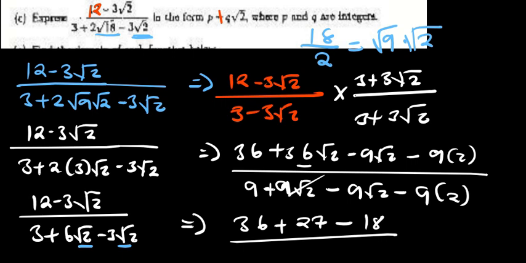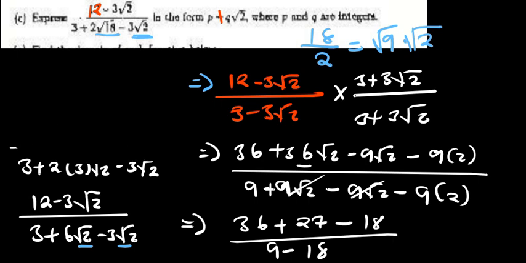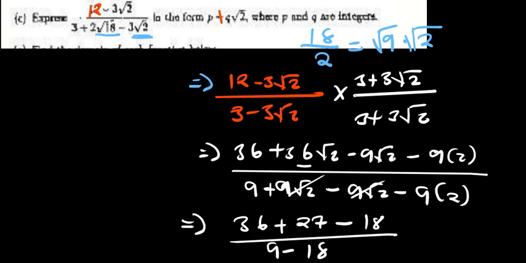This minus that is 0. So here I have 9 minus that is 18. I can get rid of this to have enough space this side. These two can be added. So 36 minus 18 is 18.